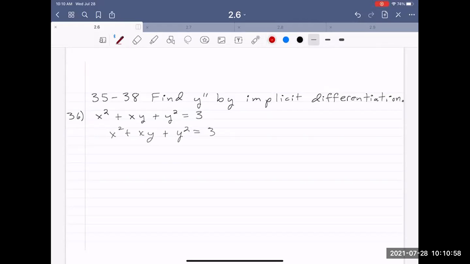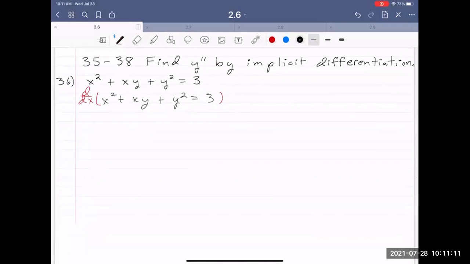So let's differentiate both sides of my equation. The derivative of x squared is 2x. In order to take the derivative of xy, I'll use the product rule: the derivative of the first, x, is 1, times the second, y, plus the first, x, times the derivative of the second, dy over dx.